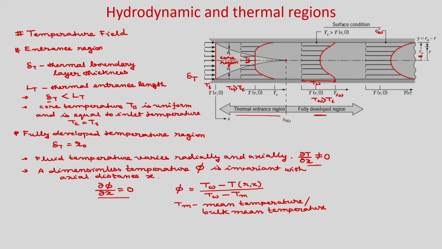Here del phi by del x is 0, where phi is the non-dimensional temperature, defined as (T_w minus T) divided by (T_w minus T_m). As T_w minus T varies in a similar way as T_w minus T_m, phi is invariant with axial direction, and you can write del phi by del x equal to 0. Now let us see how to find the hydrodynamic entrance length and thermal entrance length.